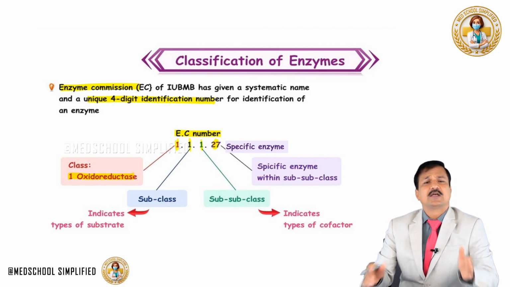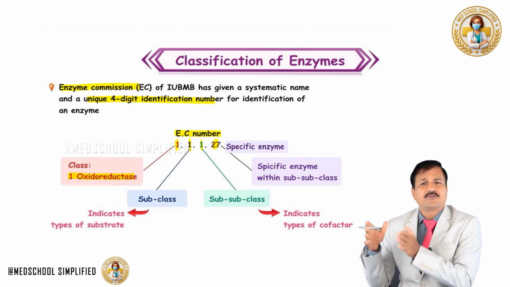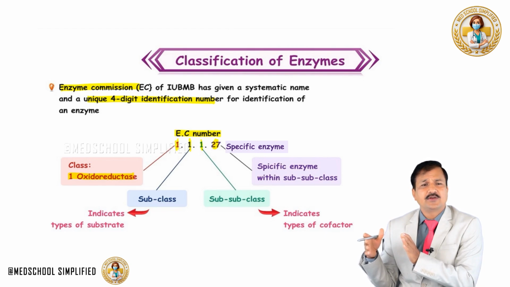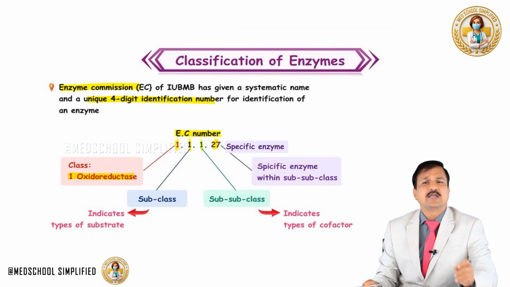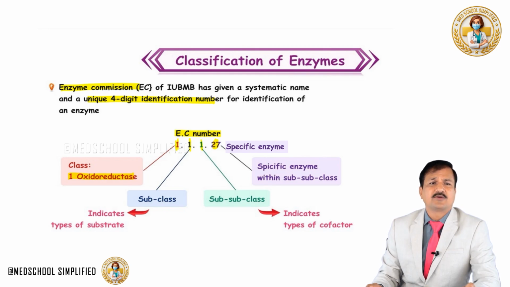So like this, enzyme action is divided into different categories, and thereby we can easily identify an enzyme by knowing that unique 4-digit number given by the Enzyme Commission.